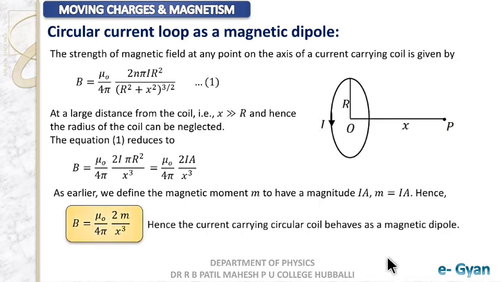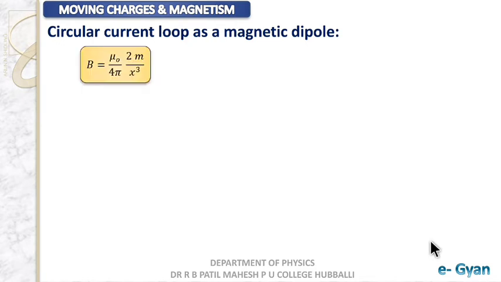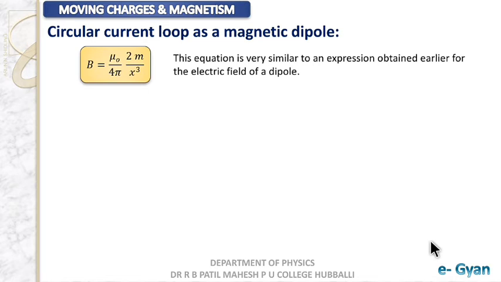By seeing this, we can relate this equation to one of the equations which we have studied in our previous chapters. Let us take this equation. Here this equation resembles the electric field equation of a dipole, right? Let us replace a few of the quantities and try to get an expression so that we can confirm whether it matches the expression of electric field of an electric dipole or not.